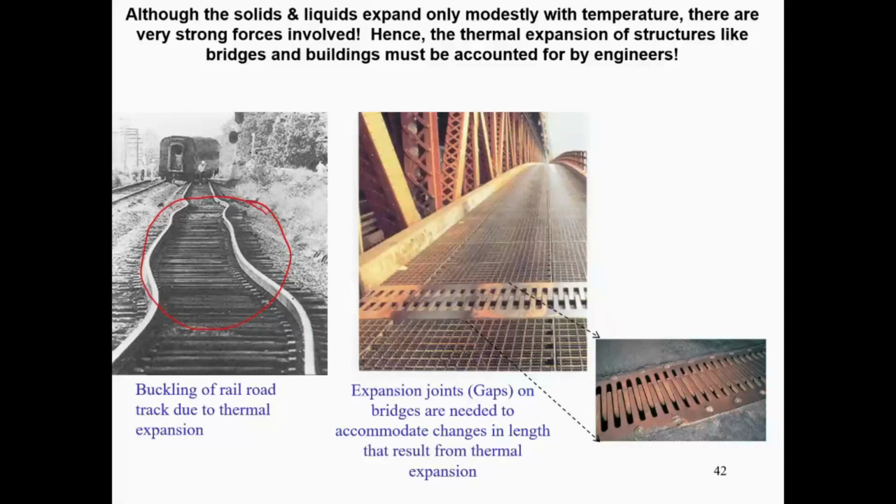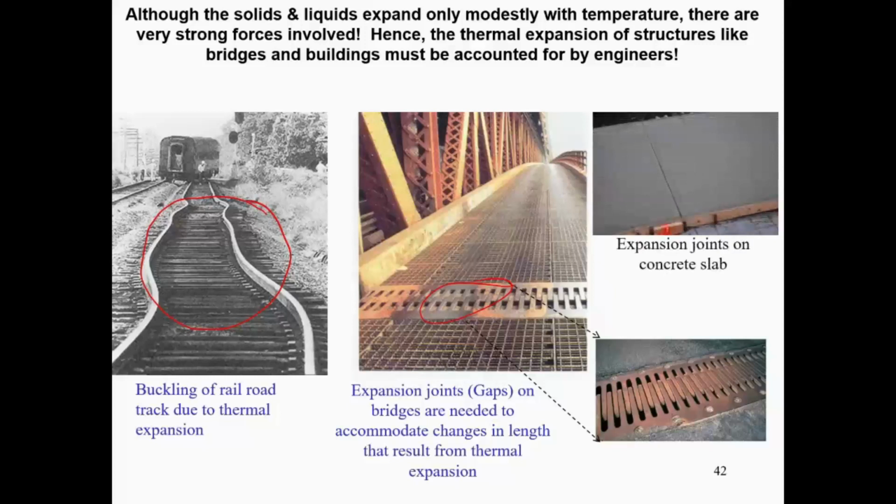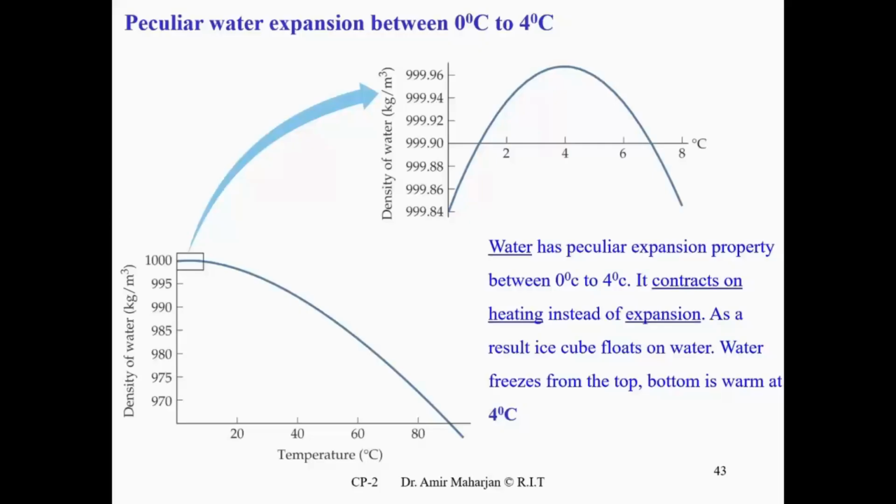This railway track has no gap. Modern railway tracks always have thermal expansion gaps, just like this. If you don't put those in, significant changes in weather can bend the track, basically because of the thermal expansion. Even in concrete, you must have thermal expansion joints.